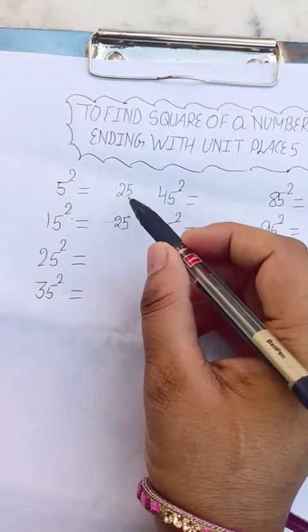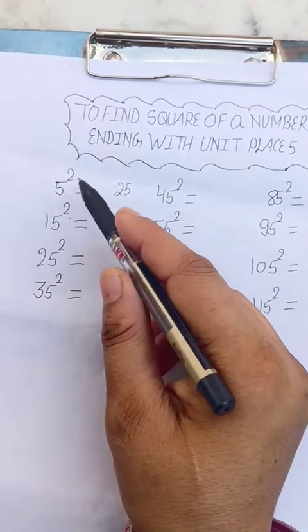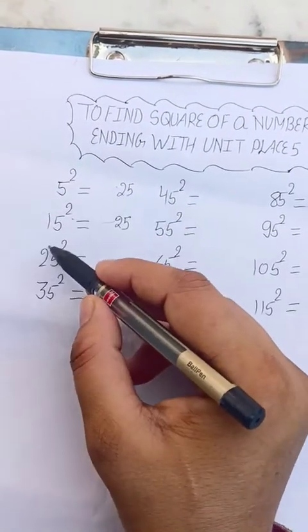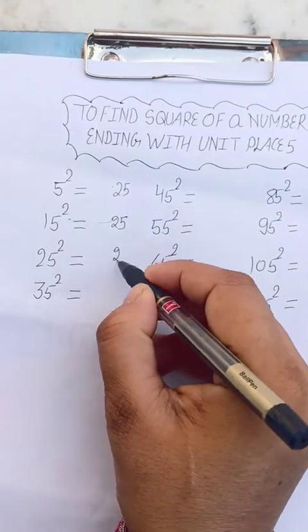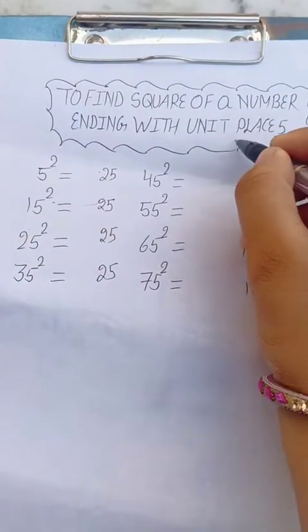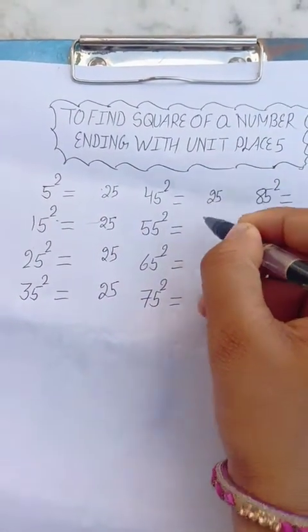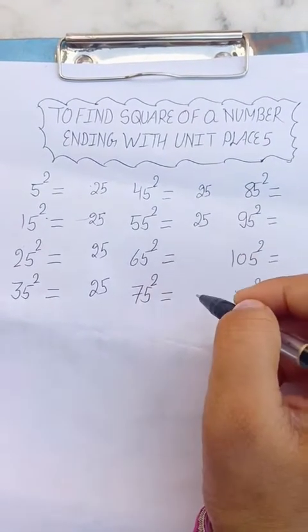The last two digits of all these squares are 25, because 5 square is 25, and in 15 square the last two digits will be 25. Similarly for 25 and the others, the last two digits will be 25. So we will write 25 here.